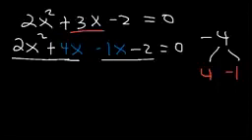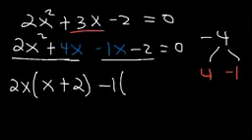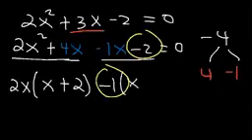In the first two terms, we can take out a 2x. 2x squared divided by 2x is x, and 4x divided by 2x is 2. In the last two terms, let's take out a negative 1. Negative 1x divided by negative 1 is simply positive x. And negative 2 divided by negative 1, well, that's going to be positive 2.